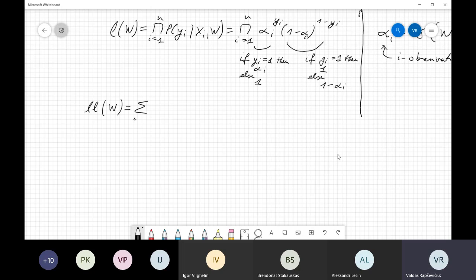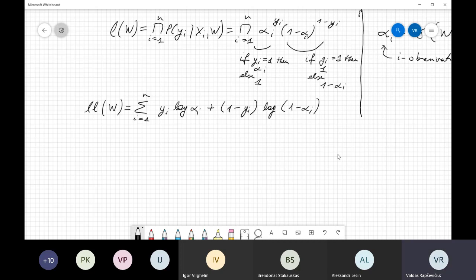So we have again the sum, i equals 1 until n, of yi times log alpha i, plus the sum of 1 minus yi, the actual class, times log of 1 minus alpha i.